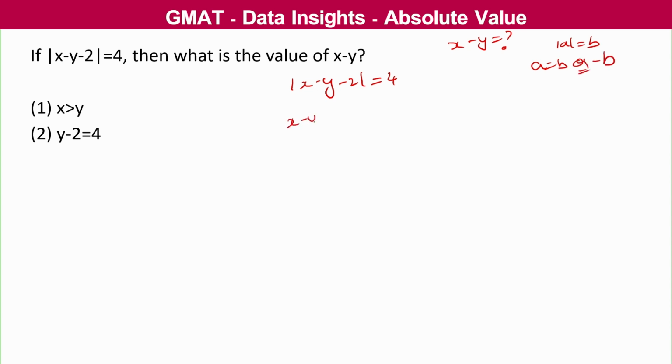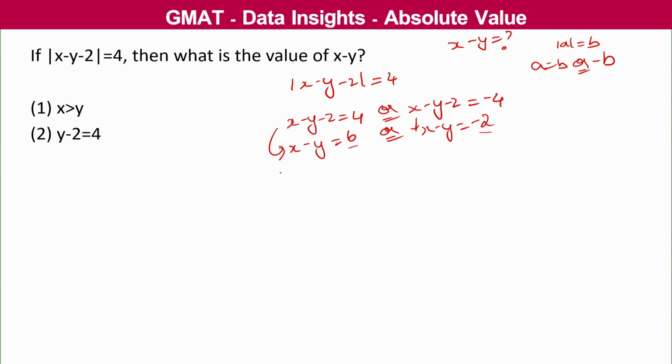So x minus y minus 2 is either equal to 4 or x minus y minus 2 is equal to minus 4. From this you will get x minus y is equal to 4 plus 2, 6, or from this you will get x minus y is equal to minus 4 plus 2 becomes minus 2. So there are two different values.